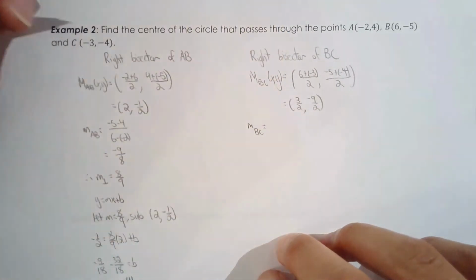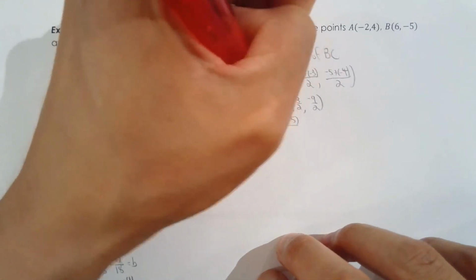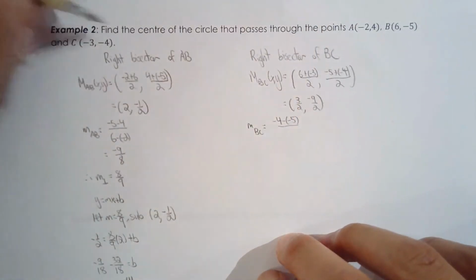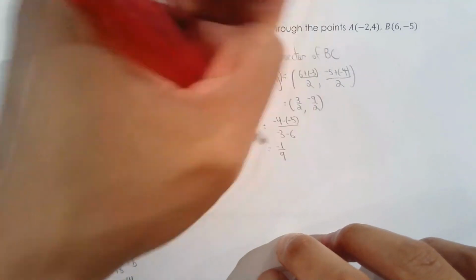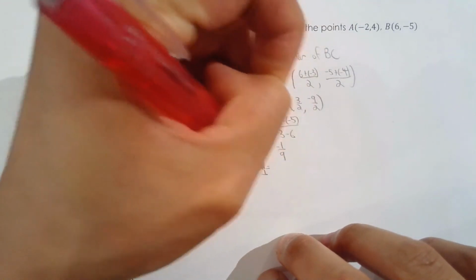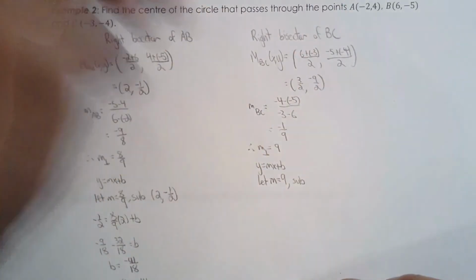The slope of BC is -4 minus -5 over -3 minus 6. So that's going to be -1/9. But we want the slope that's perpendicular because we're working on the right bisector. Alright, so y equals mx plus b. Let m equal 9. That's our slope. And we're going to sub in the point 3/2, -9/2.